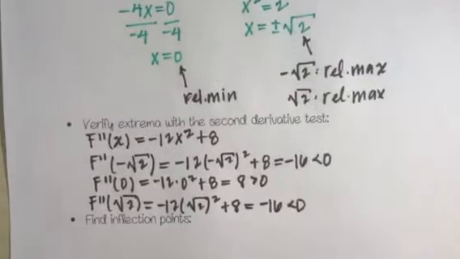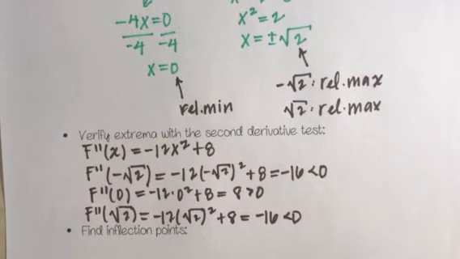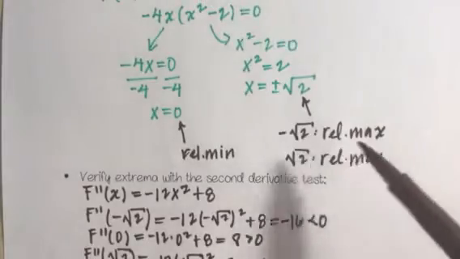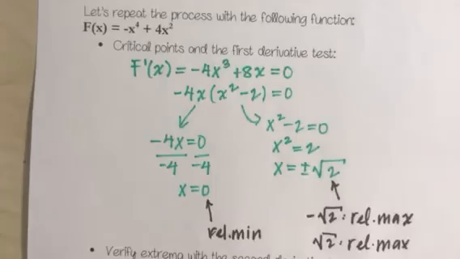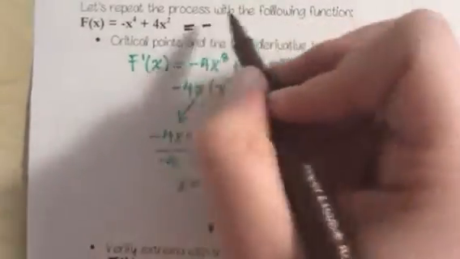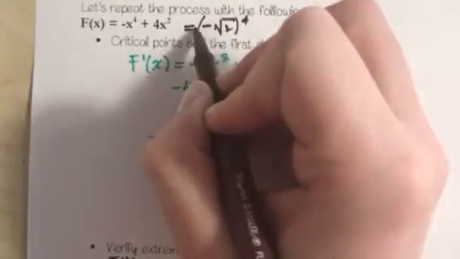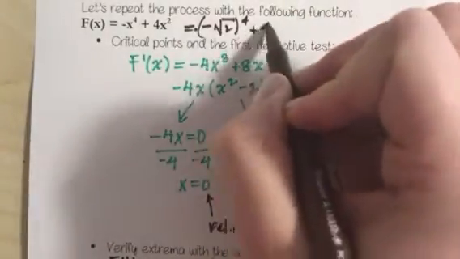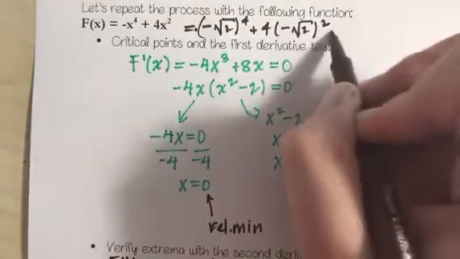So if you're asked only to find extrema using the second derivative test, this is where you would stop, but I would go ahead and take those points and plug them back into your original expression up here. So if I were to plug in negative root 2, I'd have negative root 2 to the 4th, the negative out in front, plus 4 times negative root 2 squared.